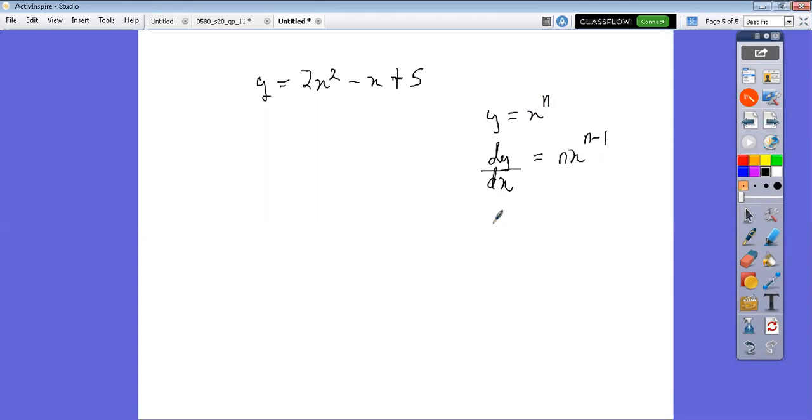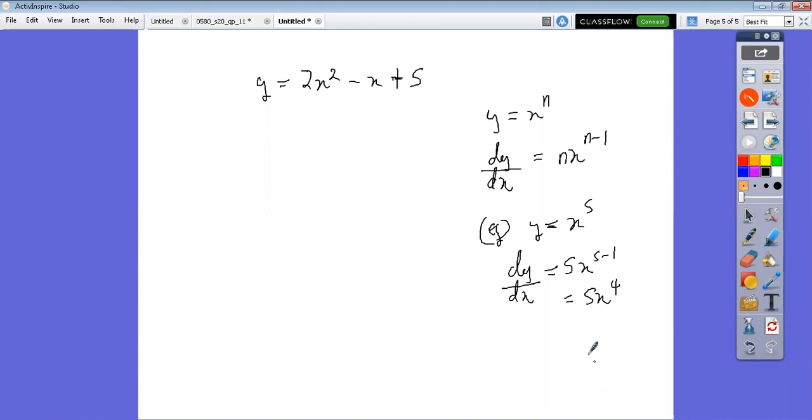So for example, if I have y is equal to x to the power of 5, let's do that together. Dy over dx is equal to 5 x to the power of 5 minus 1, which is simply 5x to the power of 4.